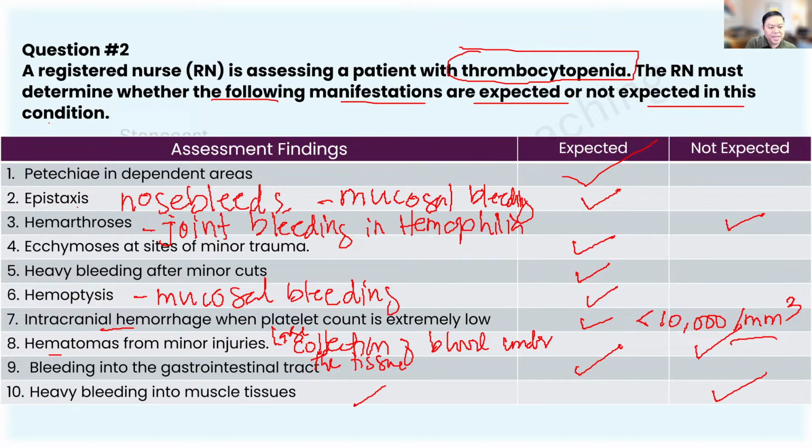So take note of the words heavy bleeding, hematomas, and hemarthrosis. These are known to be present in coagulation disorders, not in thrombocytopenia.